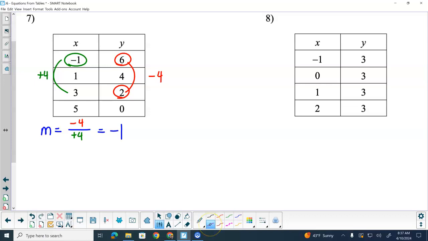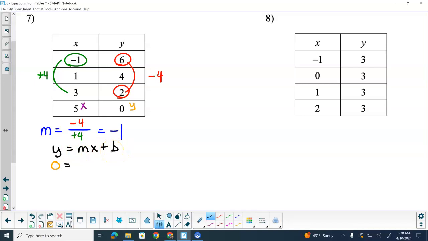So in that fourth one, the 5 is going to be the x, and the 0 is going to be the y. Okay. So then we've got 0 equals, we're filling in our y equals mx plus b.